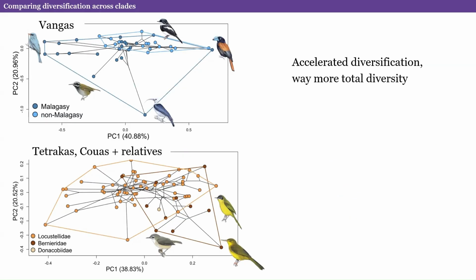So overall, what we saw here is that evolutionary signals of adaptive radiation can look different, but I think we're pointing to a similar broad process. In the Vangas we have this accelerated diversification, higher rates, way more total diversity, whereas in the tetrakas and for the most part in the kuas, we didn't see that same acceleration, but we did see less constraint.